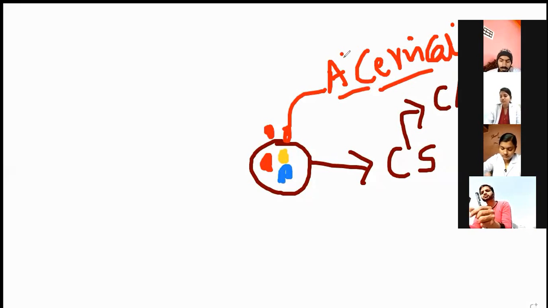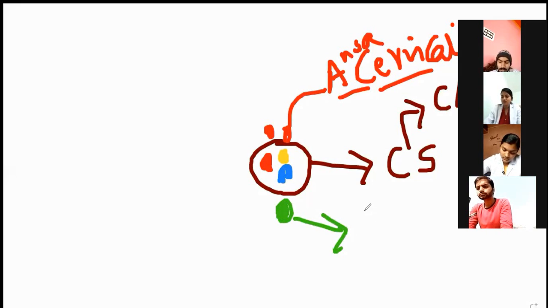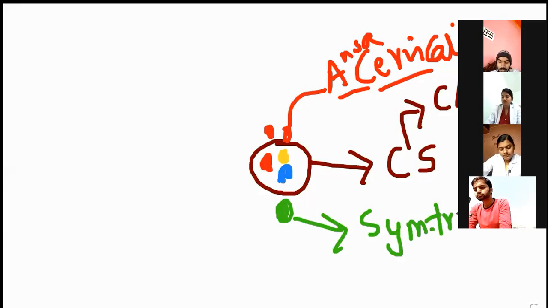Now see here, anteriorly ansa cervicalis is present. This is your ansa cervicalis, which is a part of your cervical plexus. And posteriorly, what is present? Sympathetic trunk is present.